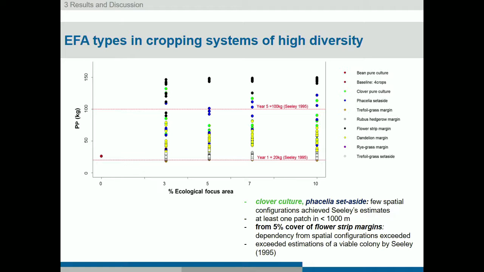And you can also see that for the flower strip margins from 5% onwards, the dependency on the spatial configuration is exceeded by the coverage.